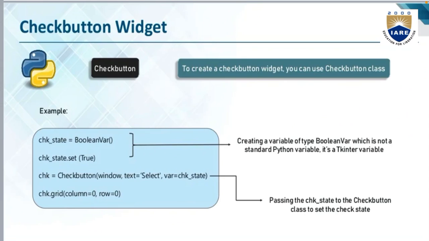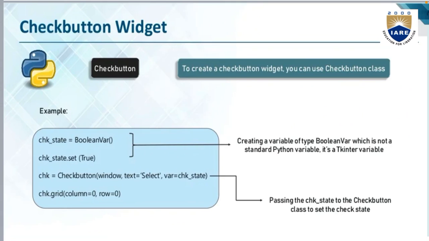These two lines are for creating a variable of type BooleanVar. It's a Tkinter variable, which is not a standard Python variable. And then chk equals to Checkbutton of window, comma, text equals to Select, comma, var equals to chk_state, passing the check state to the Checkbutton class to set the check state.